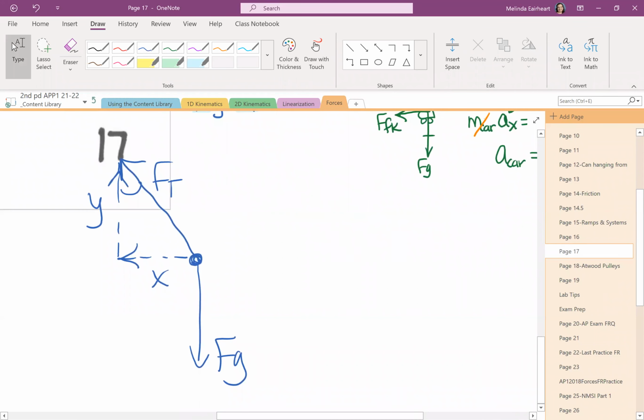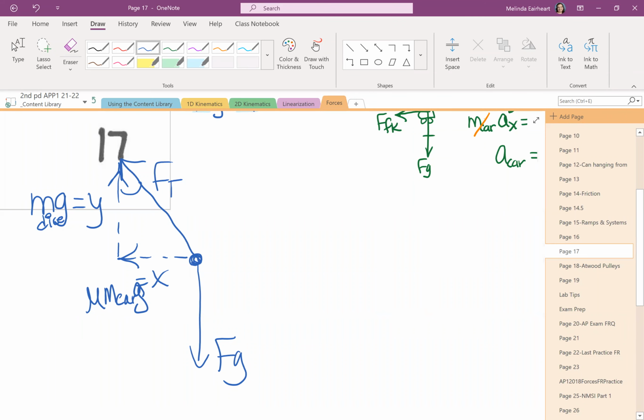If you recognize, oh, the vertical is equal to mg, and the horizontal tension is dependent on the horizontal friction of the car, right? No, actually, we couldn't have done that because this was the mass of the dice. Those are two different masses. Never mind. Guess we would have had to go through.